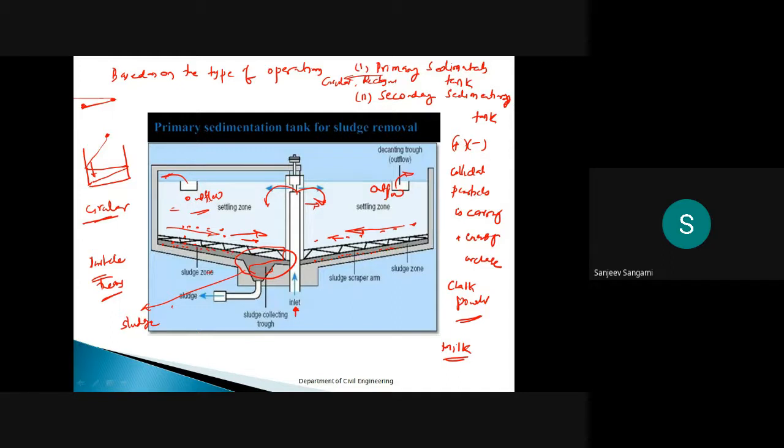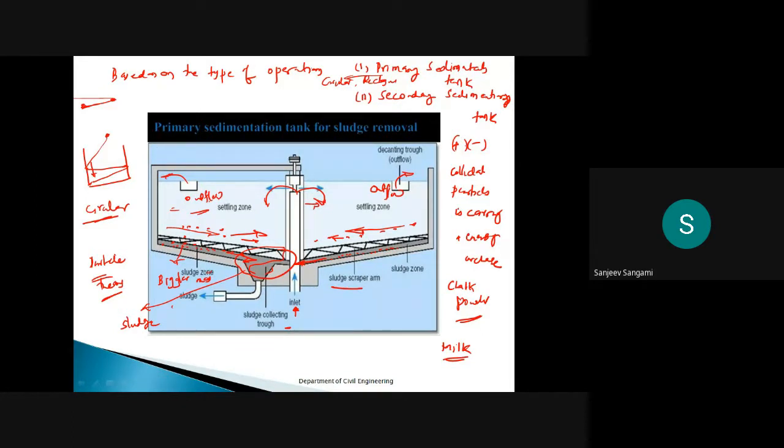Then when it creates a bigger mass, it will automatically move towards this side, and a collection chamber will be there, which we can call the sludge collecting trough. Then a sludge scraper arm will be attached.